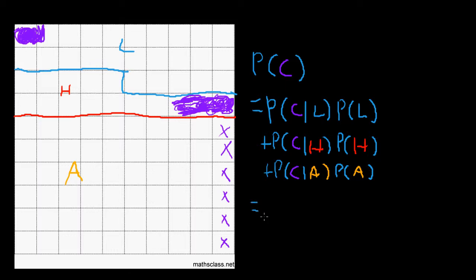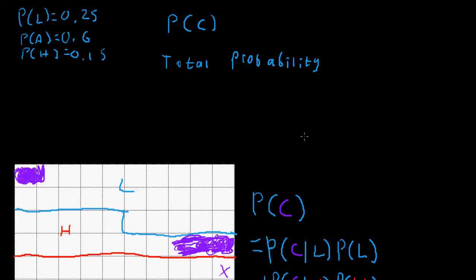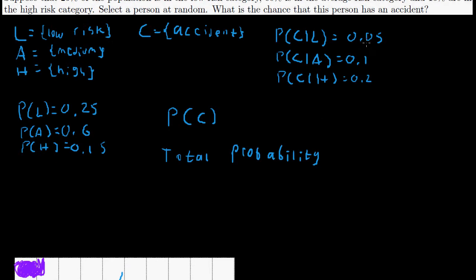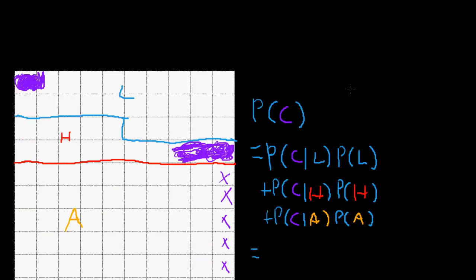Well, we know all of these probabilities. So the first one, the probability that they crash given that they're in the low group, that's 0.05. Then we have 0.1 for average and 0.2 for high.